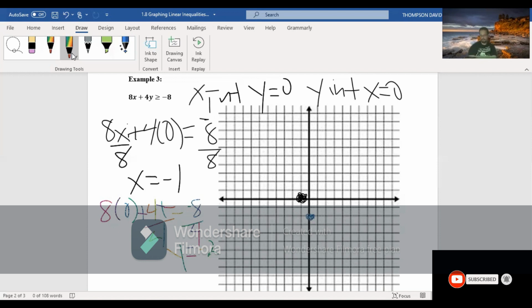So we plot negative 2 on the y, and this time, because we have greater than or equal to, we use a solid line. So we're going to connect these 2 points with a solid line. I'm going to do the best I can to keep the line straight.